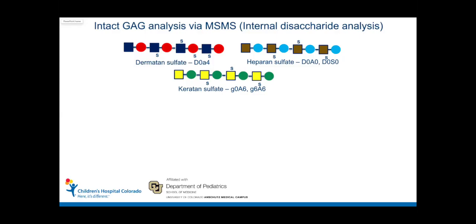And so when you look at these molecules, they're long repeating units. They may have modifications to them, such as being sulfated, and I've used a little designation of an S here. I want to come back to that. Keep in mind what those S's mean.